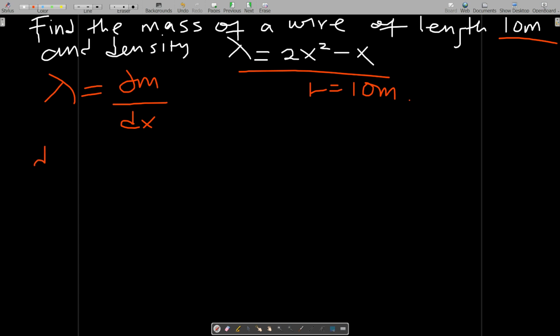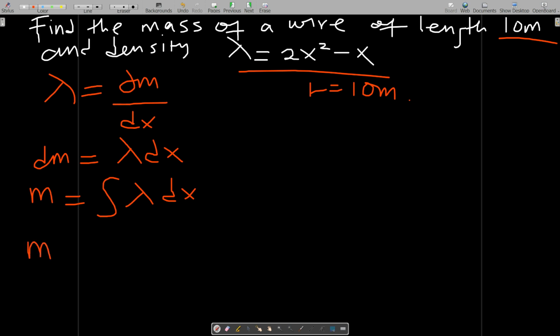So dm is equal to lambda dx, and my mass will be the integral of lambda dx. The integral will run from 0 to the total length, since it is just 1D. So my mass is the integral from 0 to 10 of (2x squared minus x) dx.